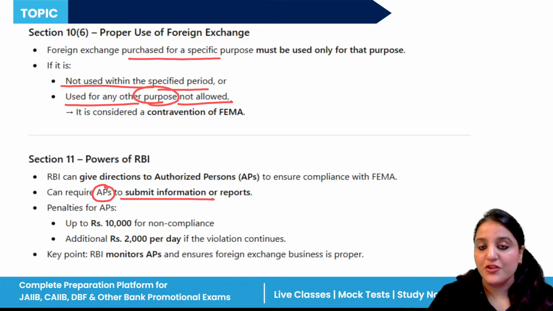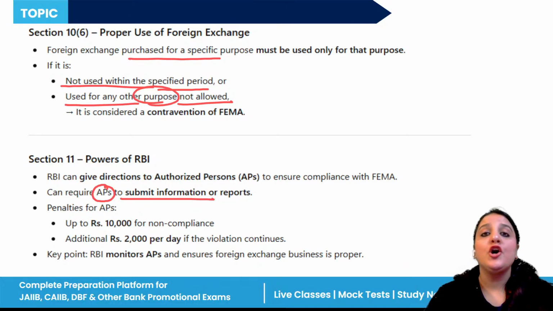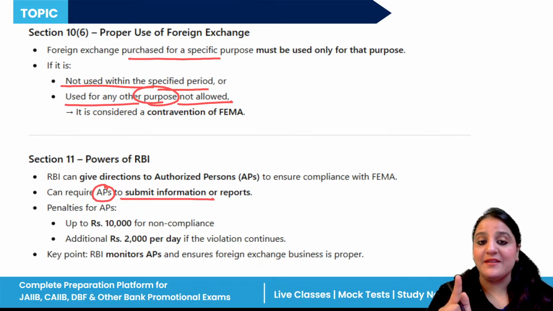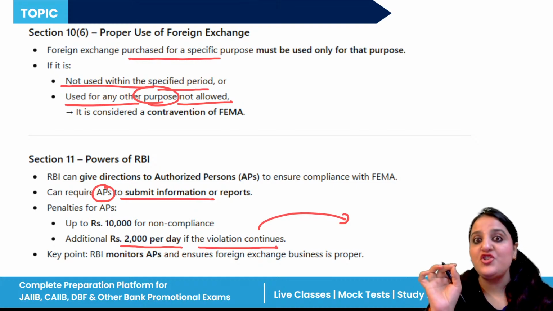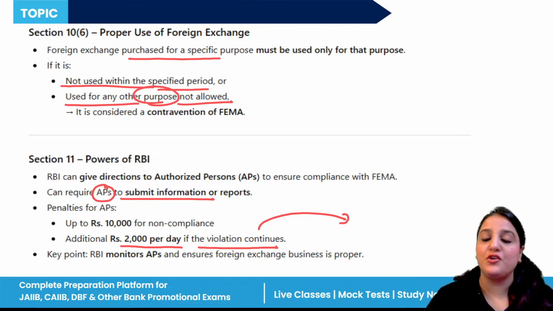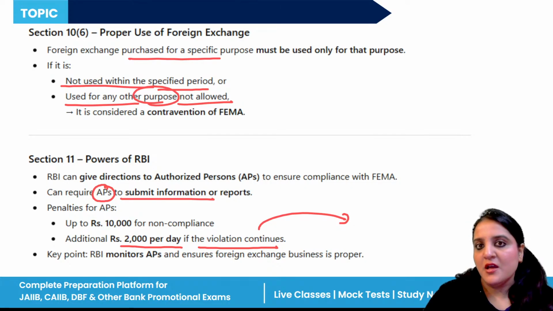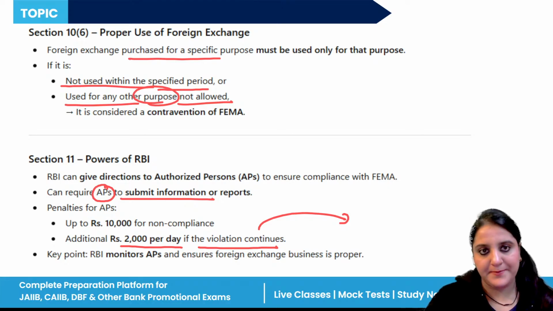If any authorized person is not following the rules and regulations, they have to pay a fine of rupees 10,000, and 2,000 per day if the violation continues. So RBI also checks all the authorized dealers on whether they are following their responsibilities and doing their foreign exchange business properly or not. That is basically what section 11 tells about the power of the RBI, right?